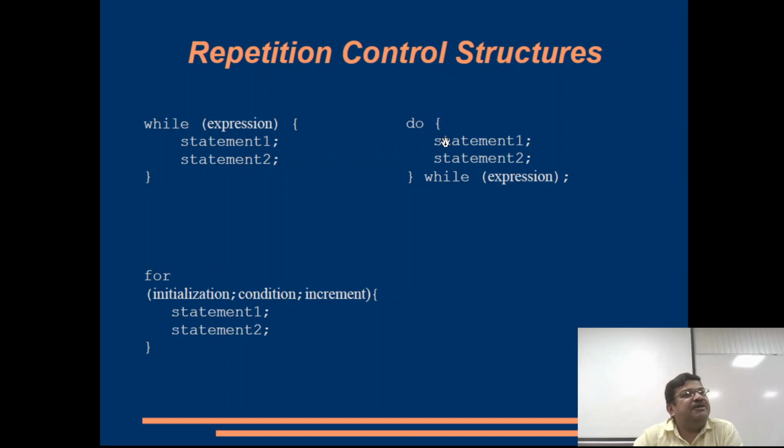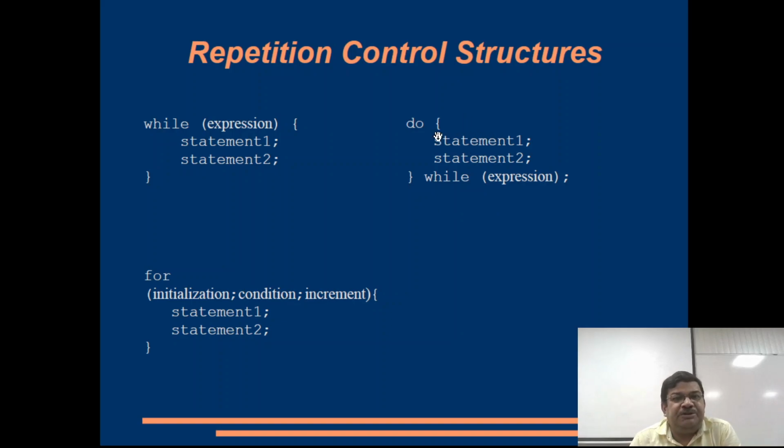Then you have do while. Again a similar thing, except the difference is even if this expression is false, this set of statements will be executed at least once. There will be at least one pass because the condition is tested after that. So control flow is from top to bottom.